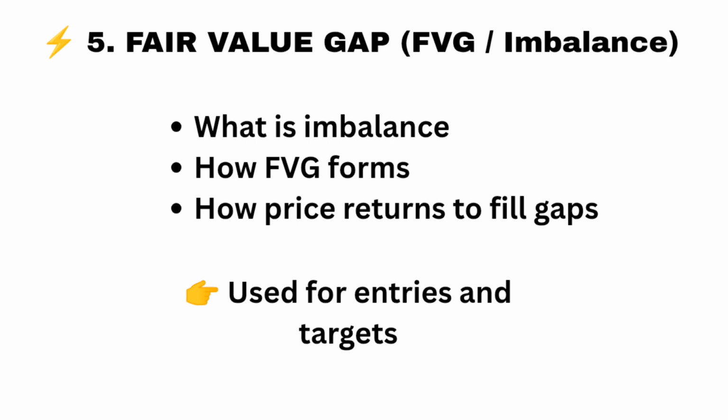I'm also going to teach the strategy with which you can trade it, and how you are going to use it as your entry target. If you have an entry zone and there's no FVG there, I think that entry might be invalid. Everything I'm going to teach you about it is in this video. I hope you are following me.